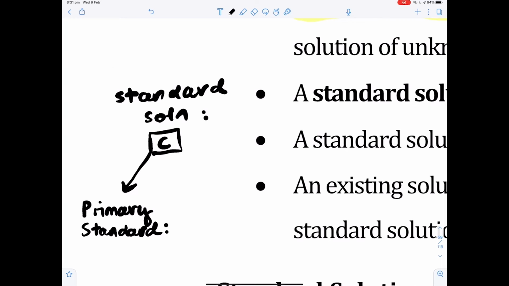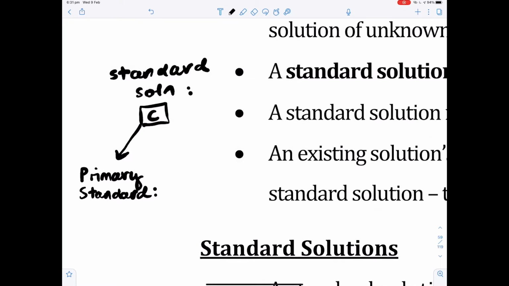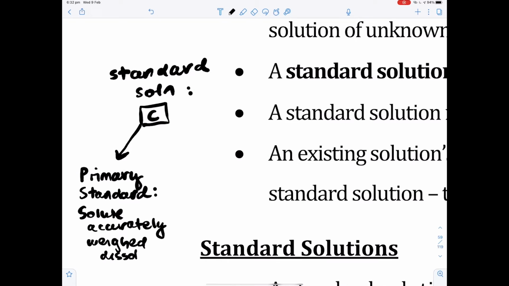Okay, so next to primary standard, I want you to just mention that it is solute accurately weighed and dissolved in solution. That is a primary standard.